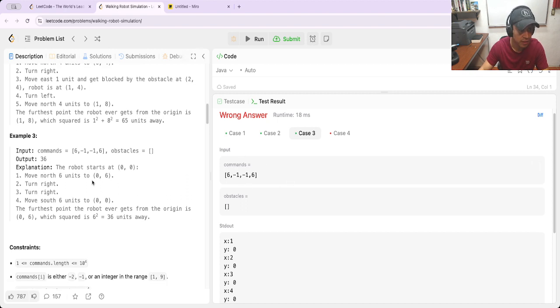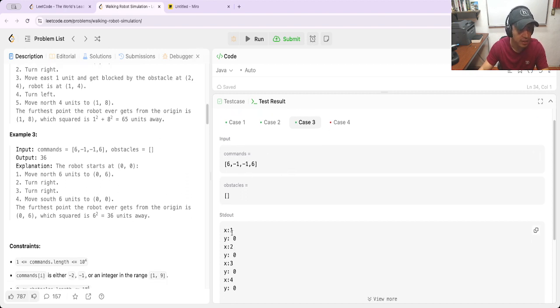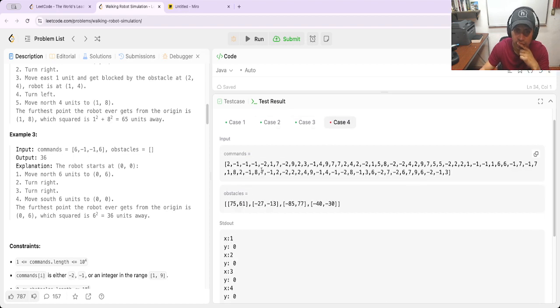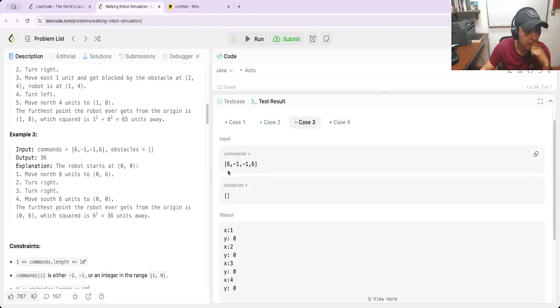Okay, we start at 0, 0. Oh, let me check one thing. Oh no, because it's possible to find an obstacle in the initial position, but it's not the case.